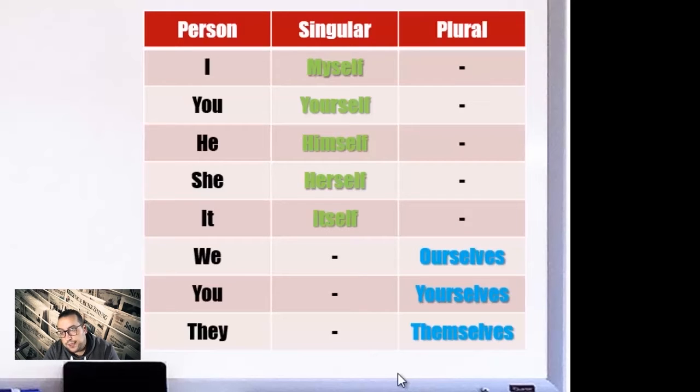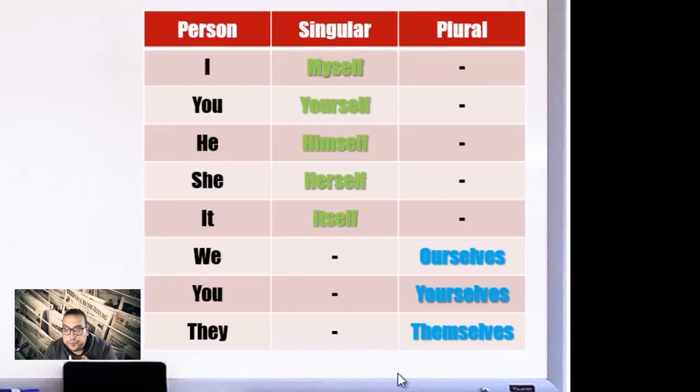So the F at the end of the singular form of reflexive pronouns becomes VES because, as we have seen before, it's an irregular plural. So F becomes VES. You, yourselves. And this is a good way to distinguish between you when you talk to one person and you when you talk to many people. You distinguish between the two cases with F or VES, yourself or yourselves.